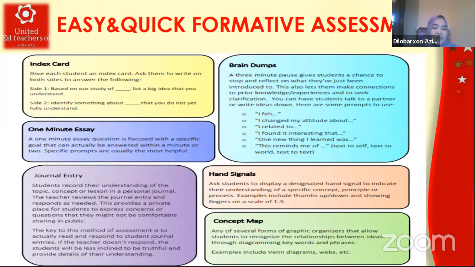And the next point is journal entry, which is very helpful with introvert students, as we all know that some students cannot ask every question in front of the audience, and they may have some difficulties with public speaking. So in this case, journal entries help students to fight with them.